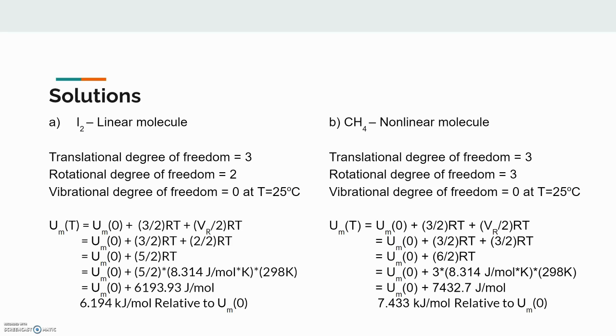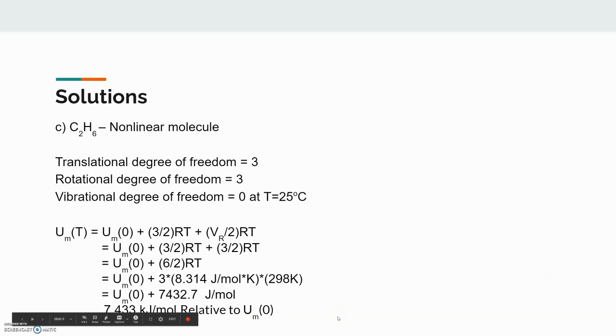In part B, for methane, it's a nonlinear molecule, so it increases our rotational degrees of freedom by 1, but other than that it's virtually the same. So we have 6/2 RT, which comes out to 7.433 kilojoules per mole. And in part C, for ethane, again it's a nonlinear molecule, just like methane. 3 translational degrees of freedom, 3 rotational degrees of freedom.